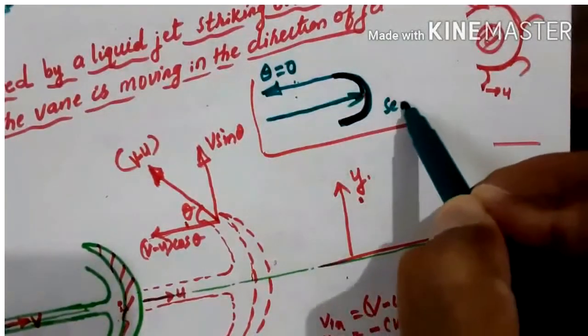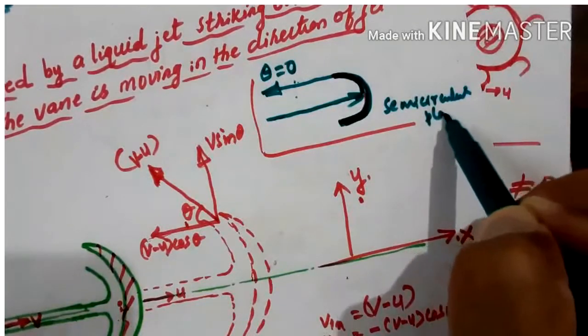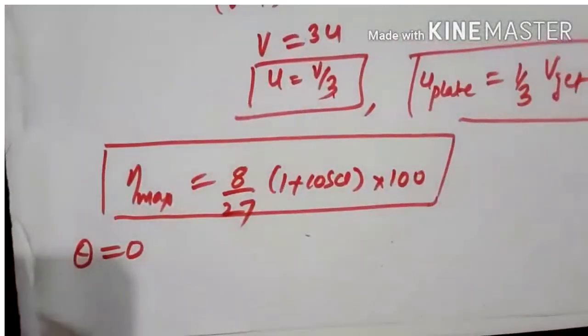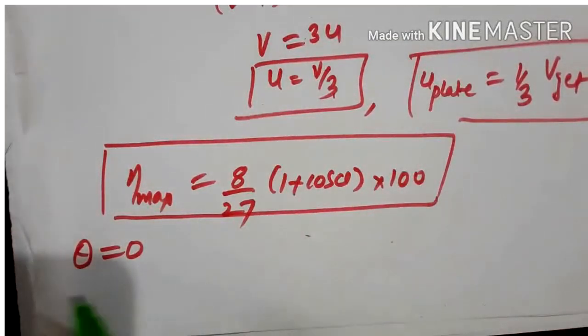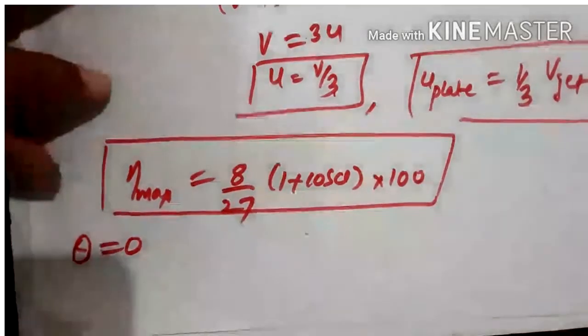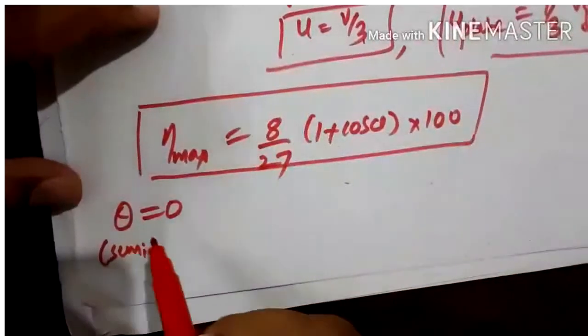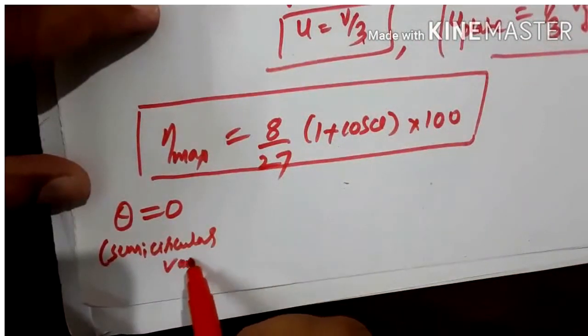So in that case, when theta is equal to 0, it means a semicircular vane.